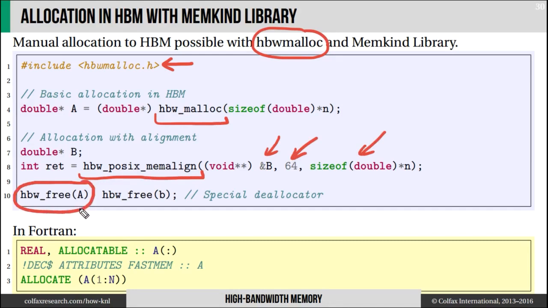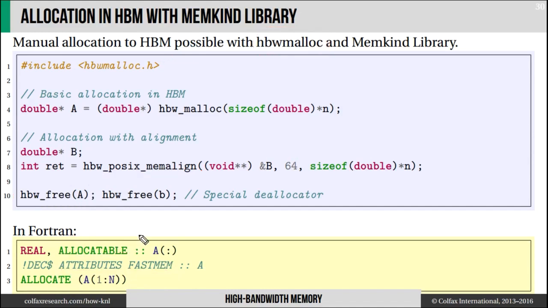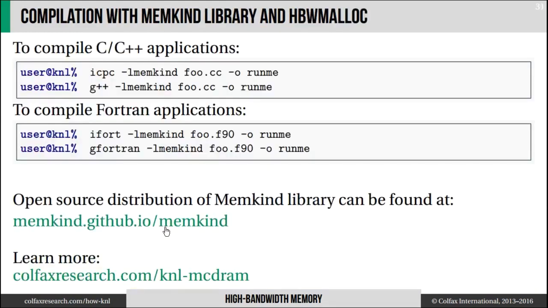In Fortran, I can also selectively allocate in HBM. For that, I will need to use allocatable arrays declared with the attribute fastmem. When I call allocate, these arrays will go to high bandwidth memory. It is important that when I compile with Intel compilers or with GCC, whether I compile C or Fortran application, I need to use the flag -lmemkind to link the memkind library at compile time.